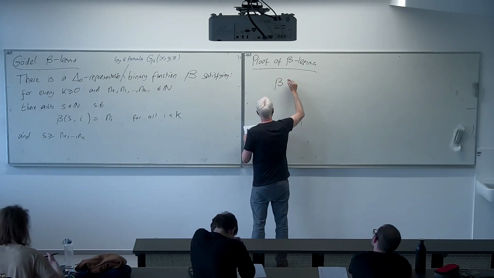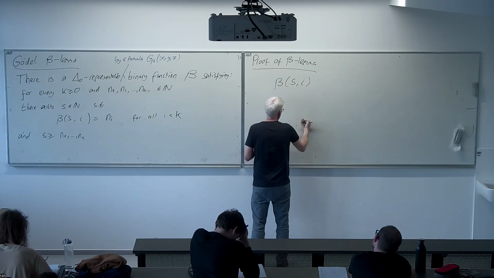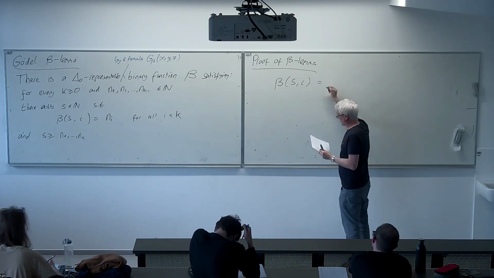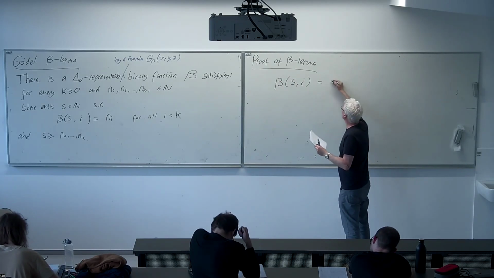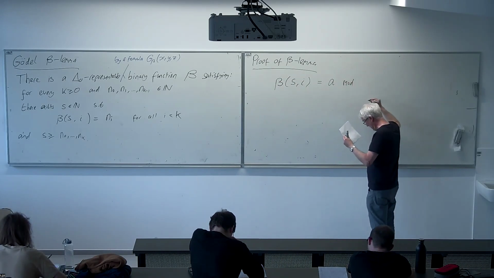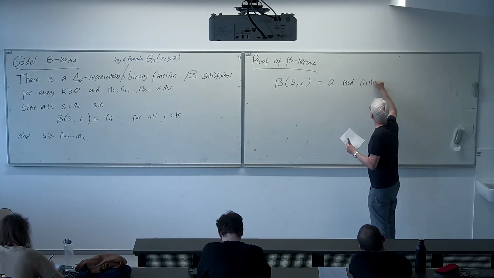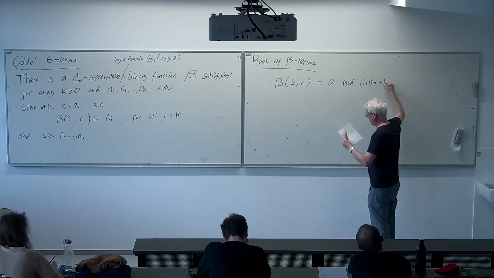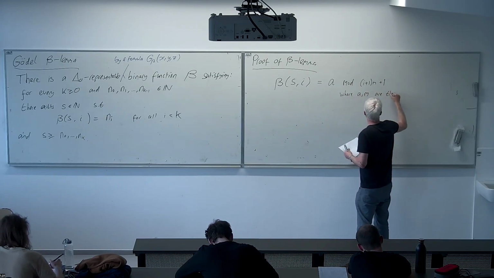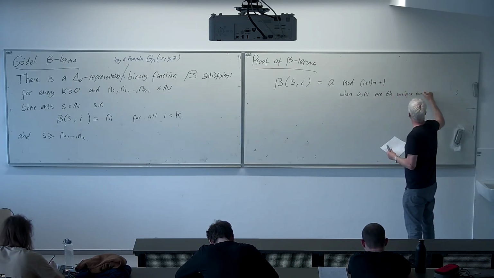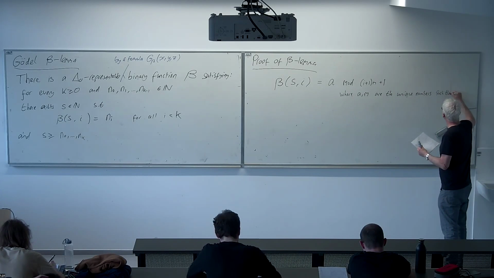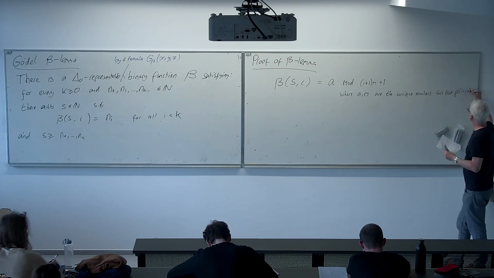So we're simply going to say beta is the function that takes an S, the encoding of the sequence, and an index, the position, the index that we want to extract that element from the sequence, and it's going to give us back a modulo (I plus 1) times m, and then 1 added to all of that, where a and m are the unique numbers such that the pairing of a and m equals s.